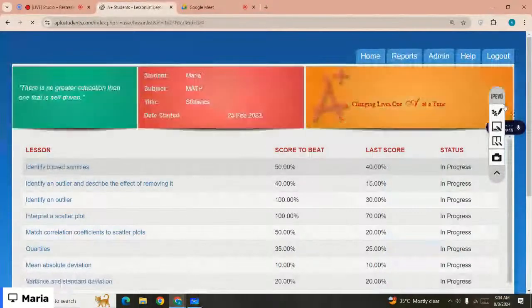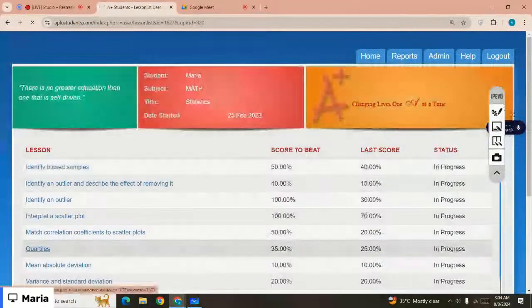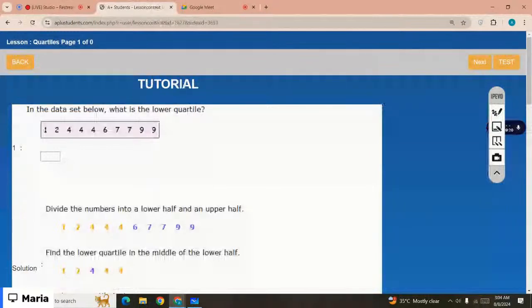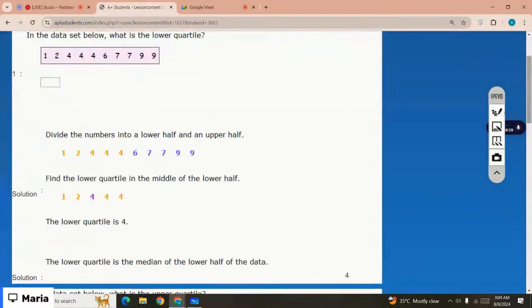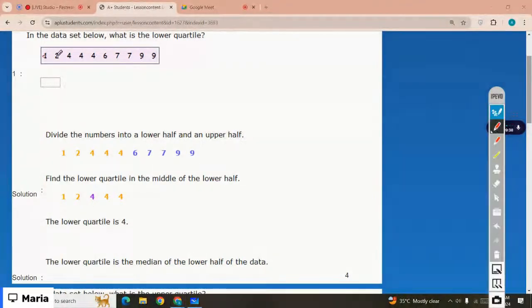Let's just start with the lesson that is quartiles. In the set below, what is the lower quartile? Basically, you have to divide the data into two halves, exactly equal groups, right?